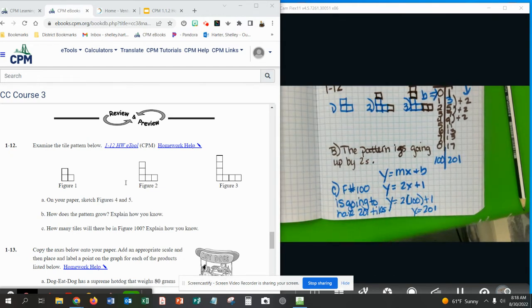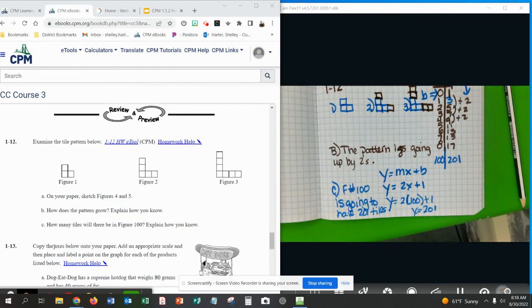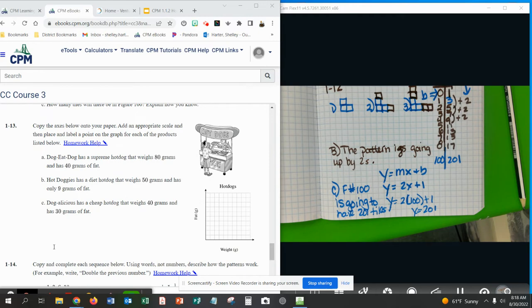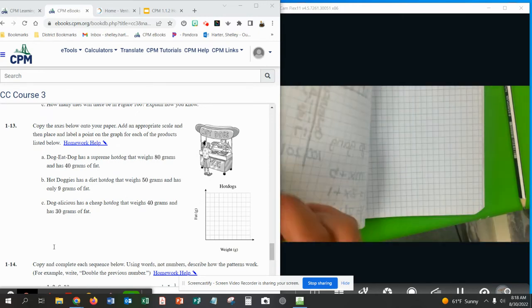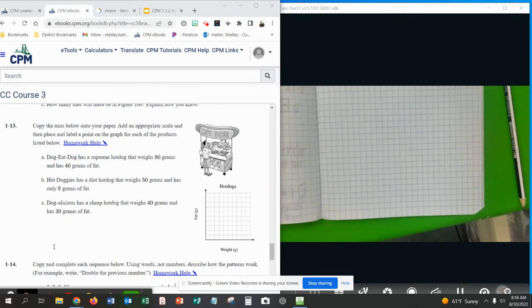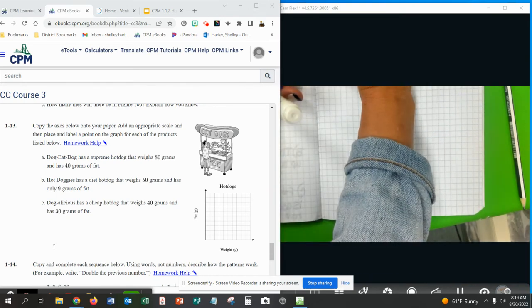Okay, good. All right, so I did the complete one of these for you. With 1-13, you need to make the graph and label it. So here's your graph.